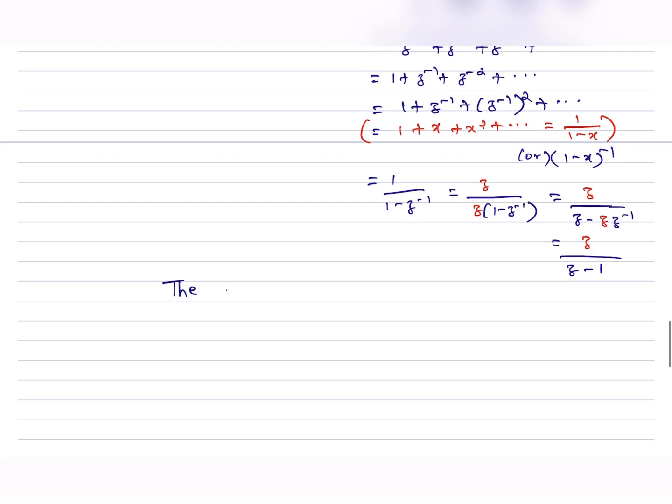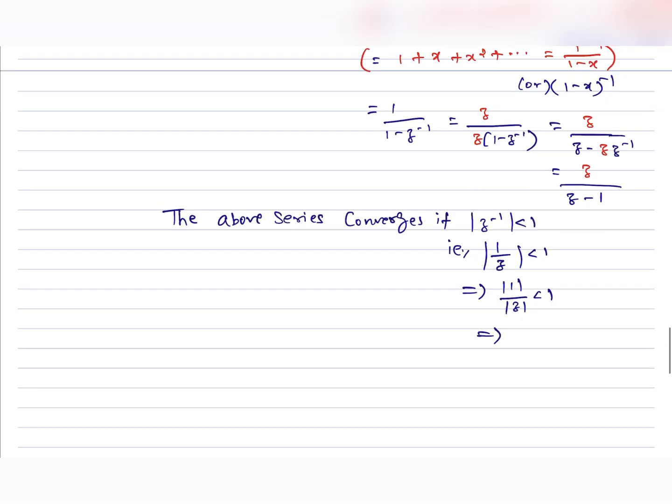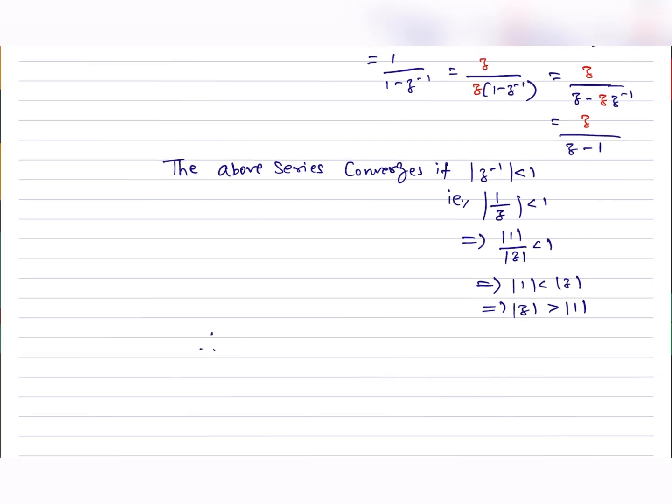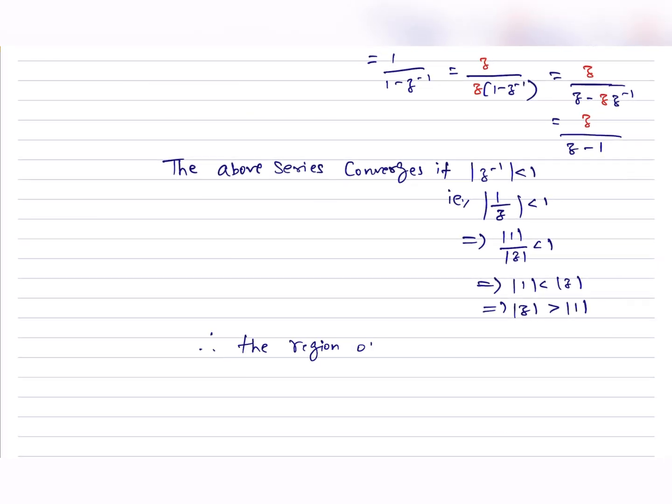So the region of convergence for this sequence: the above series converges when modulus of z inverse is less than 1, or 1 by mod z less than 1, or mod z greater than 1. So this is the region where the series converges.